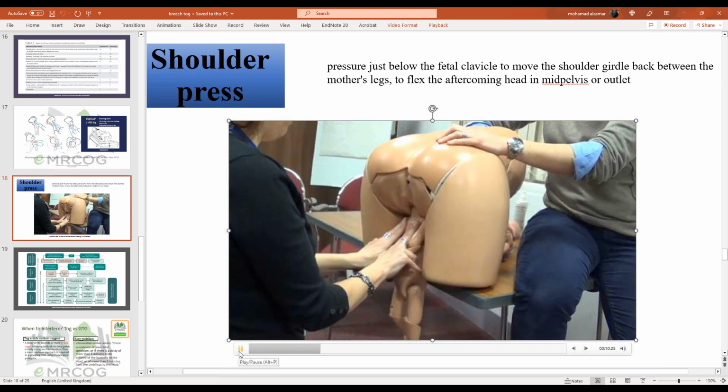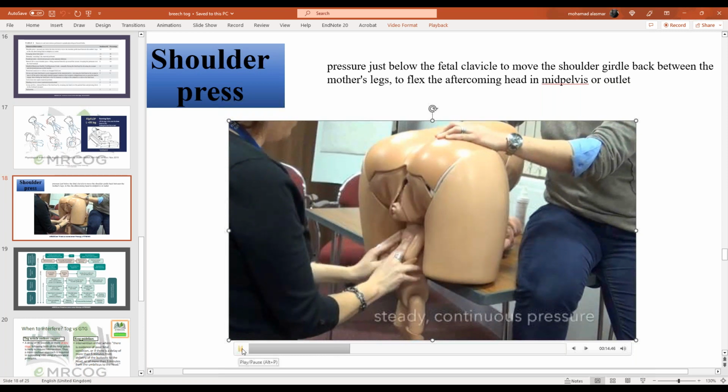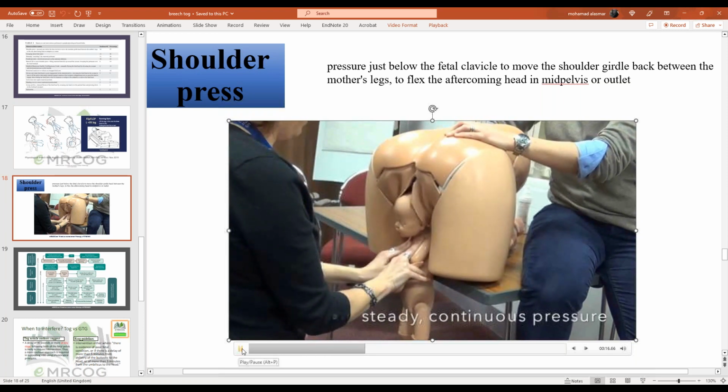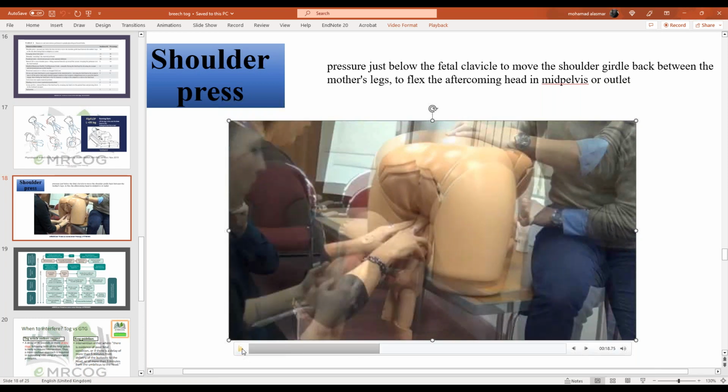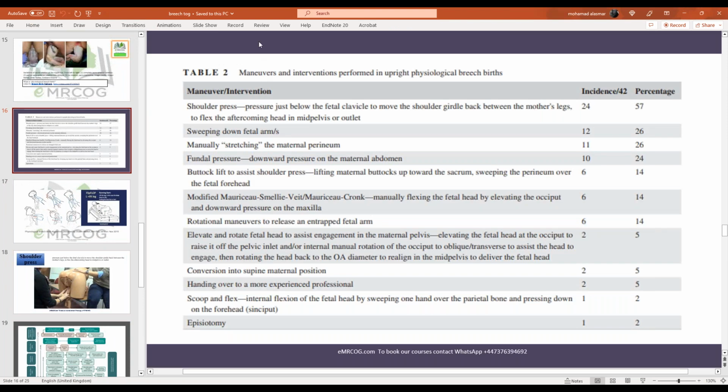Lower distal part of the clavicle, pressing straight back, steady continuous pressure, and the baby is out. Is it clear so far, guys?